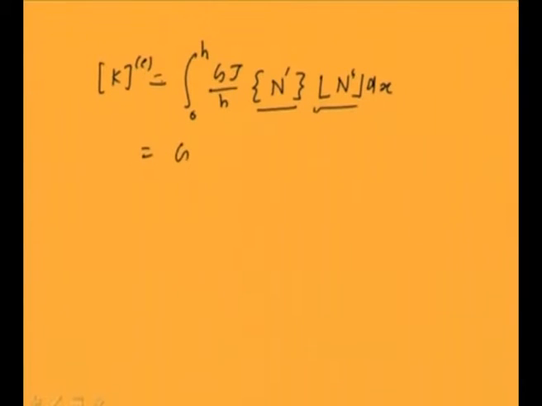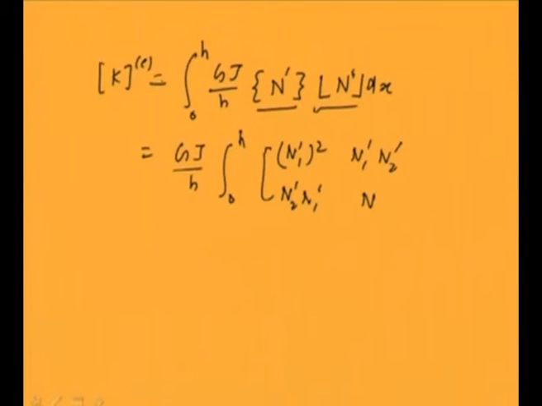Similarly, we can obtain the stiffness matrix. Here N prime vector and these two vectors are there. If we multiply them, we will get N1 prime whole square, N1 prime N2 prime, N2 prime N1 prime, N2 prime whole square, dx.